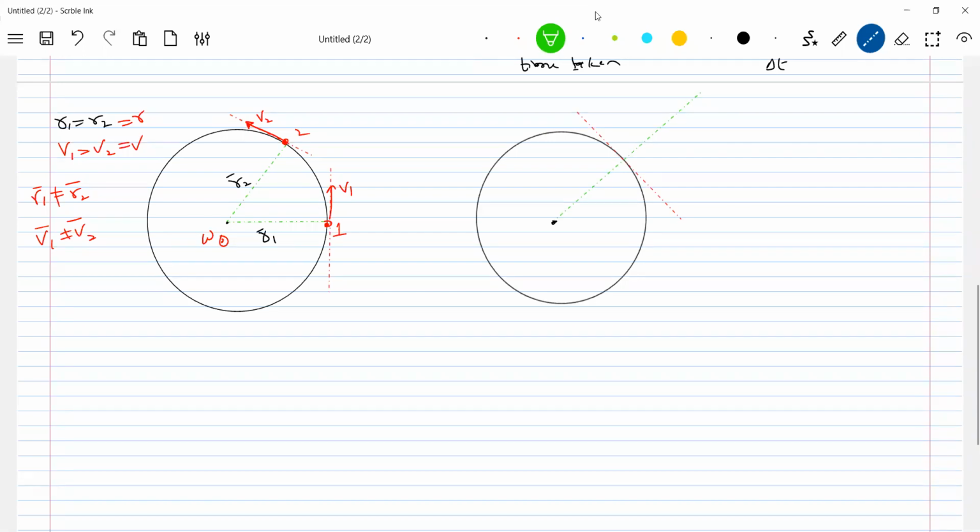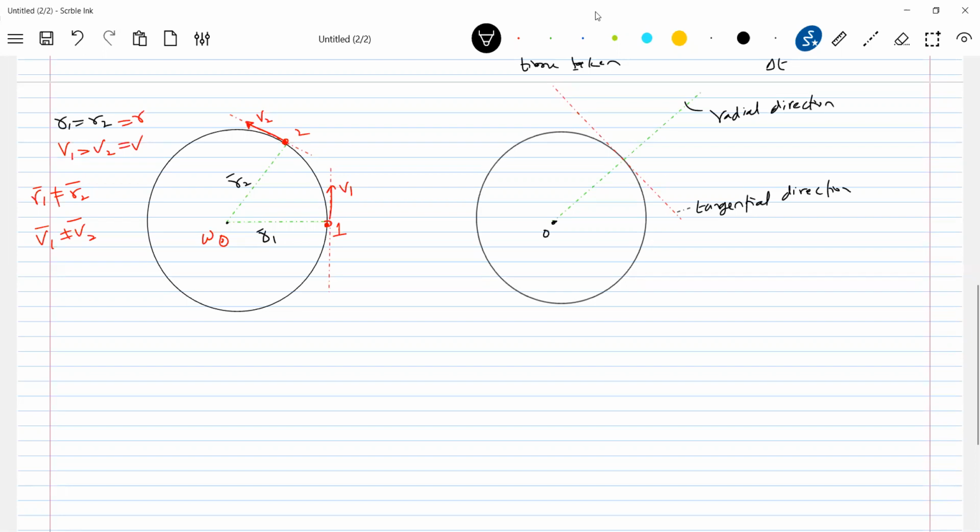And the directions themselves, I'll give names. Rather than going for i cap, j cap, this will be a better idea. So this is called the tangential direction, and this is called the radial direction.